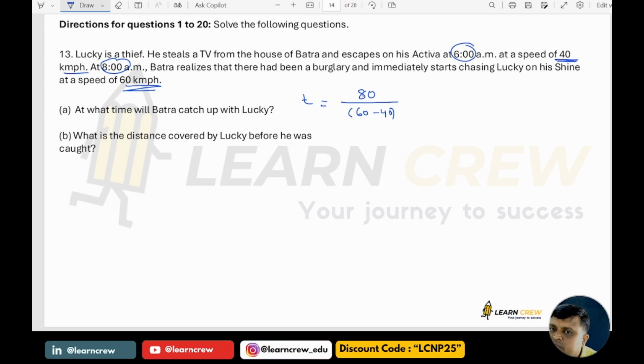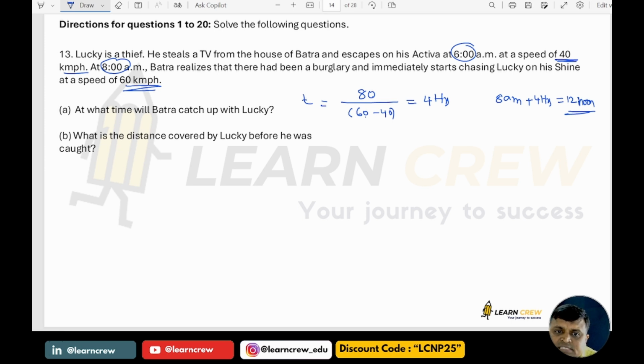Time is equal to relative distance by relative speed. So it takes 80 by 20, which is 4 hours from 8 a.m. Thereby at 12 noon, the thief will be caught.